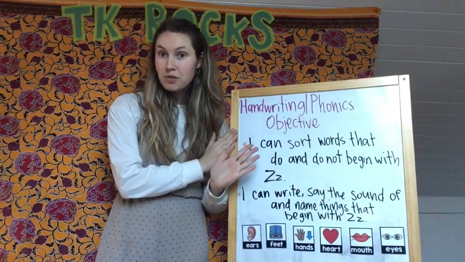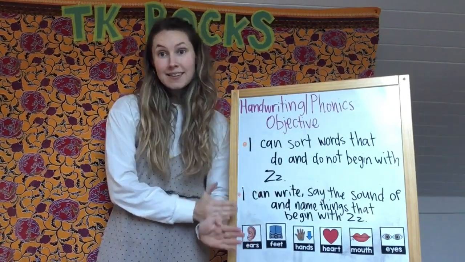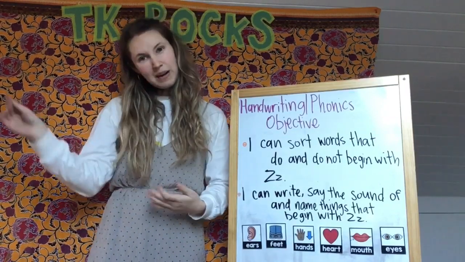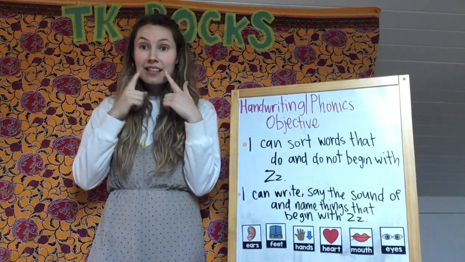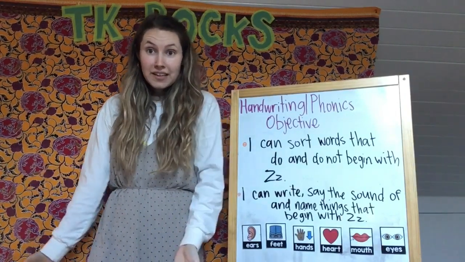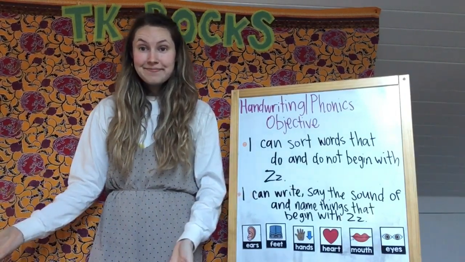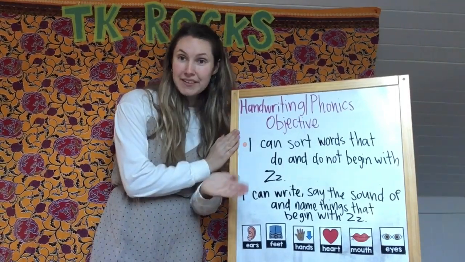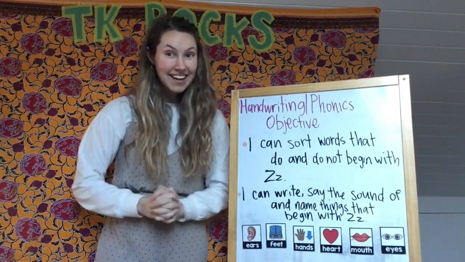After you finish your word sort, you're going to go right into your letter test. So make sure while you're doing your word sort, you're thinking about how do I write Z, and how do I say the Z sound, and what are some of these words that are beginning with Z. So go ahead and come join me at the screen and we'll begin with our sort, and then you'll be off to do your letter test.